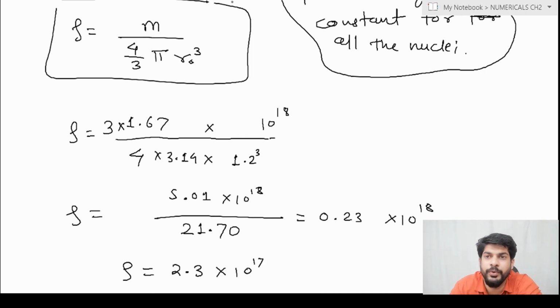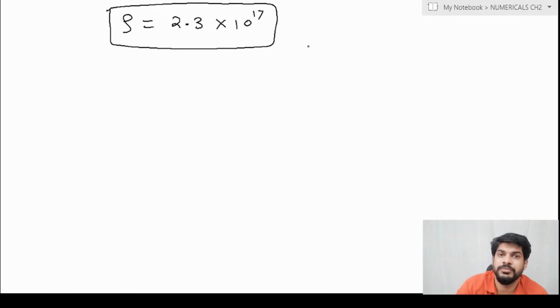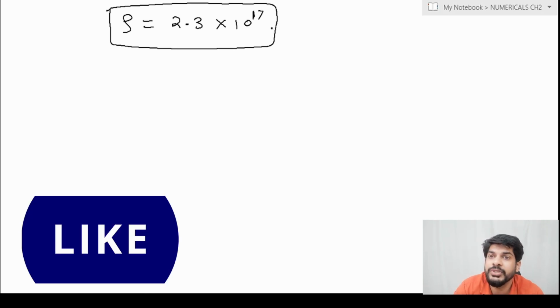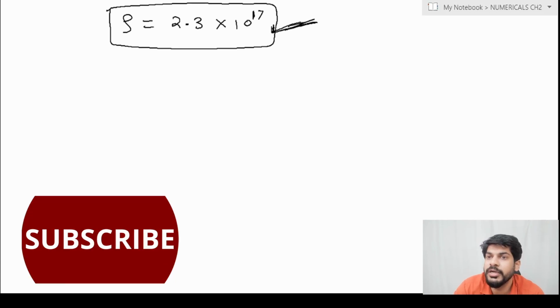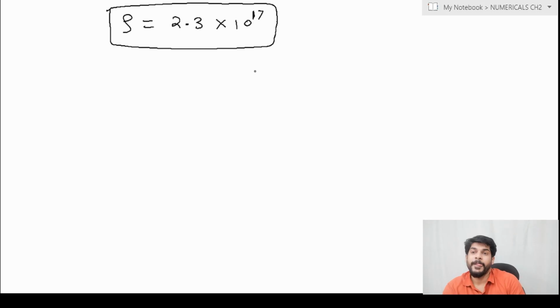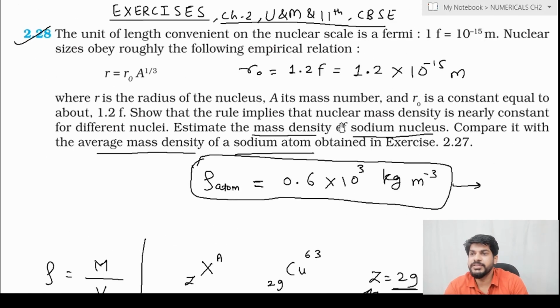See, we have shifted 1 decimal place. So you can see this is the nuclear mass density for any nuclei in nature, because we have seen that every nuclei has got the same nuclear mass density. Now in the question we also have to estimate the mass density of sodium nucleus. We have to find out the mass density of sodium nucleus.